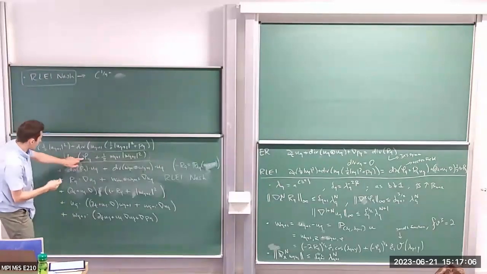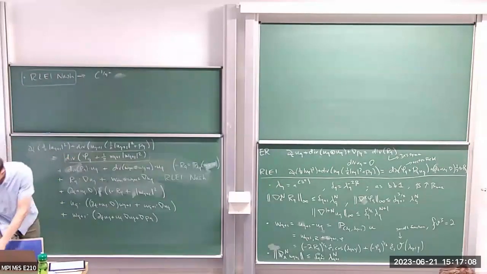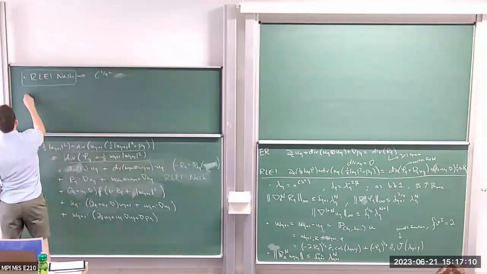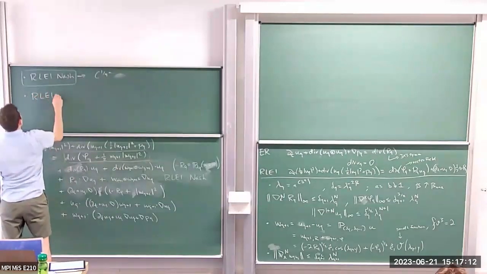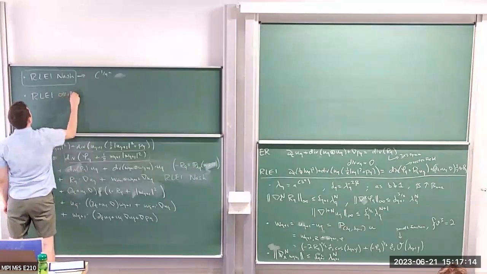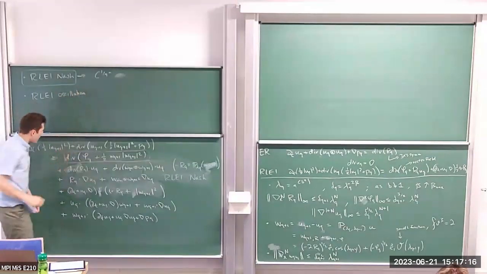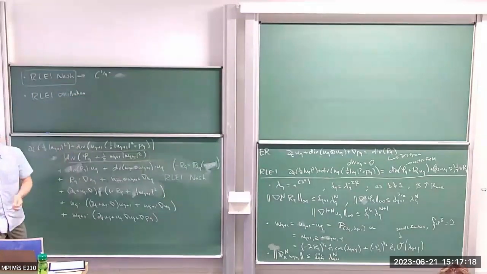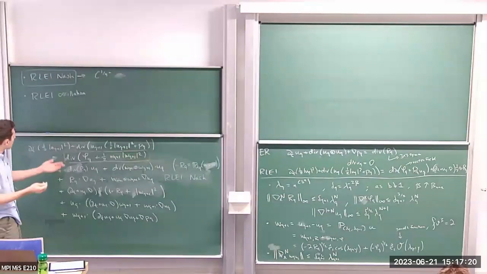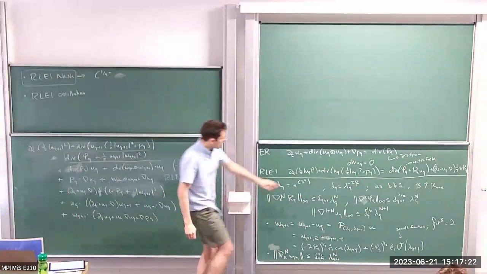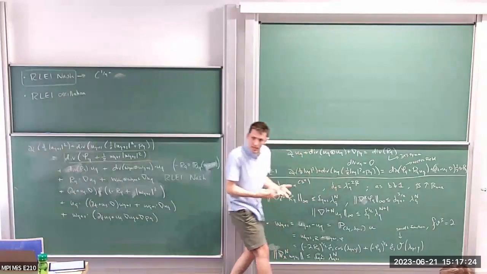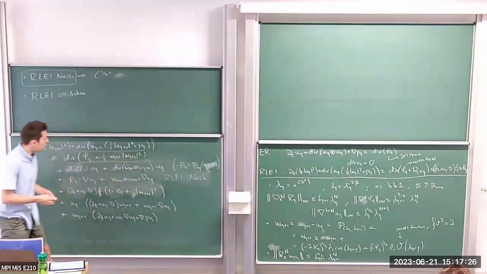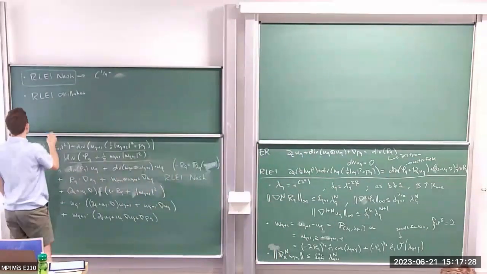So this first term, I'm going to call RLEI oscillation because it's the nonlinear error term that comes from the cubic interaction of the high frequency thing with itself, the highly oscillatory thing with itself.